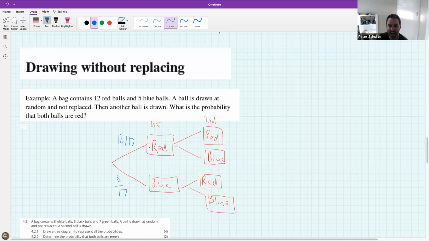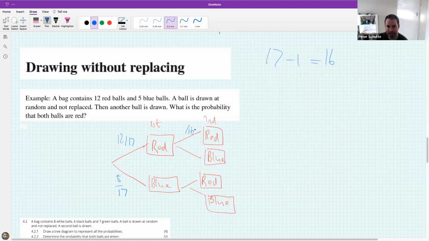If you've taken out one of the balls and you used to have 17, how many are left in the bag after taking out one thing? Be careful. Remember, you start with 17, but you've taken one out. So now you're only left with 16 to play with. So when you are drawing on the second go, there are only 16 balls to choose from.